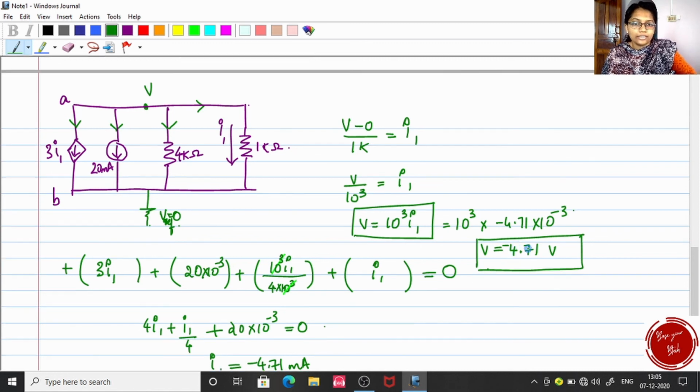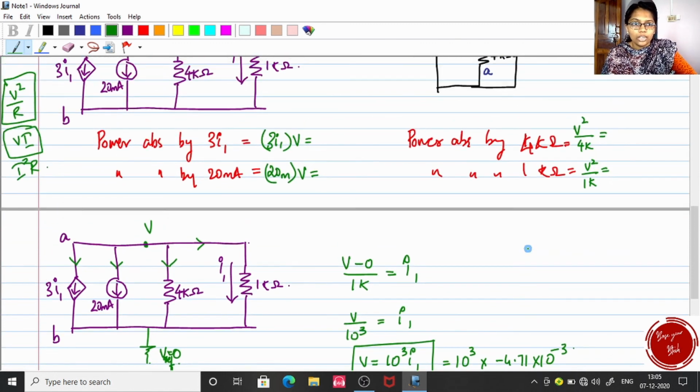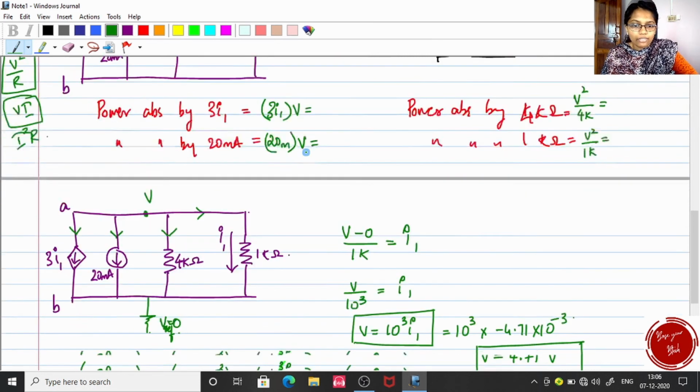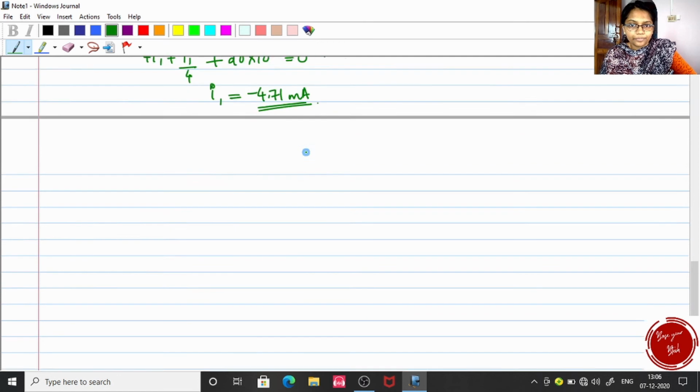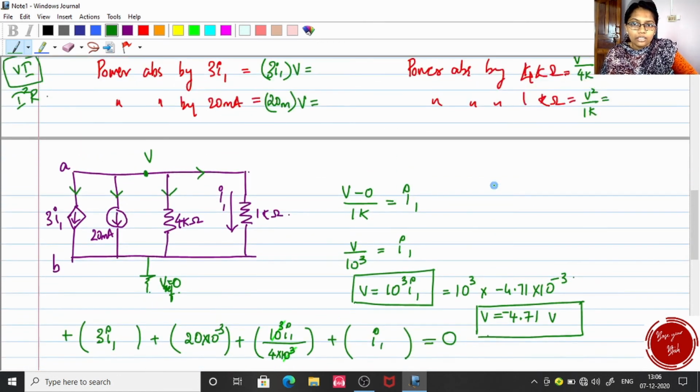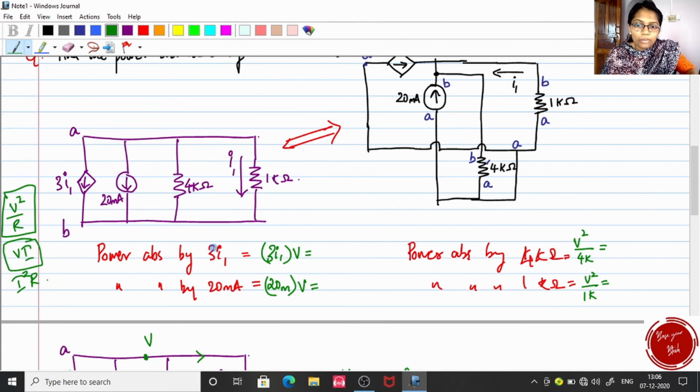Now let's substitute in these. Actually, here the I1 value is negative and the V value is also negative, isn't it? I1 and V both are negative. So the power absorbed by the 3 I1 current source will be negative into negative, positive, and that particular value.